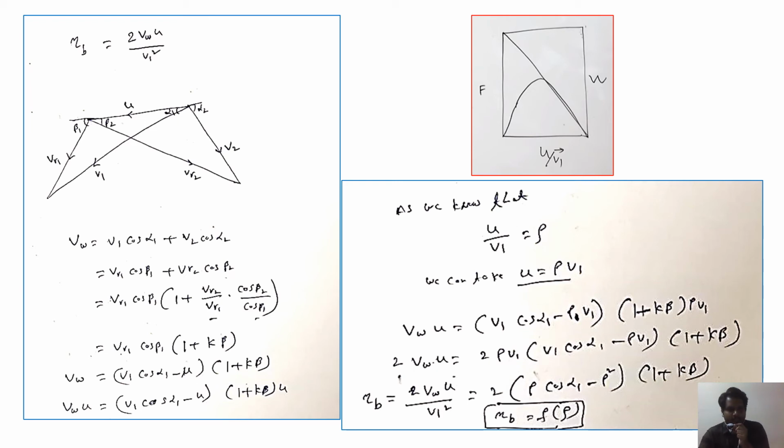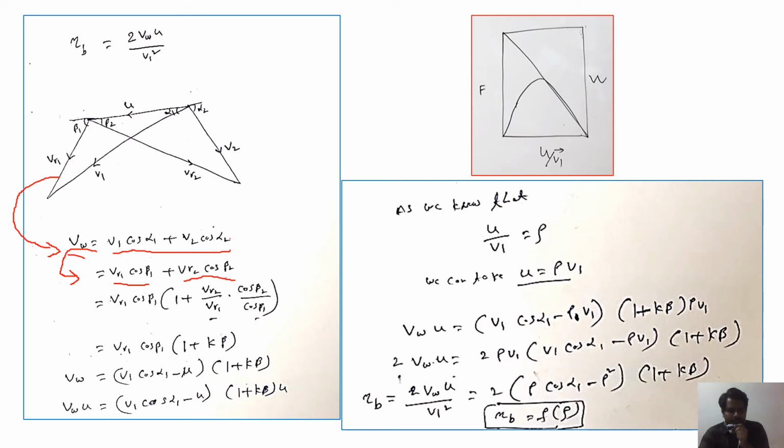For that, the derivation is from this velocity diagram. The whirl velocity we can write as V1 cos alpha 1 plus V2 cos alpha 2. This also we have already discussed in the previous class. The same equation we can write in terms of relative velocity: VR1 cos beta 1 plus VR2 cos beta 2.